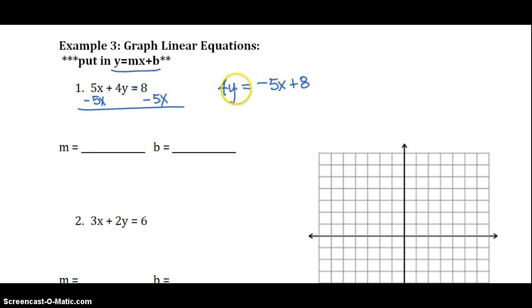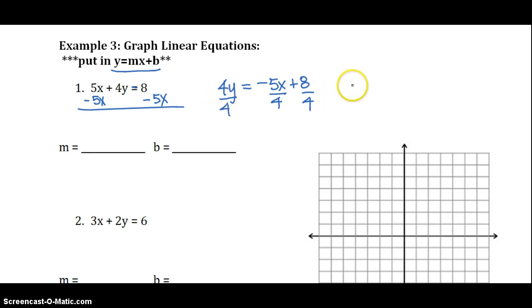So to now get y all alone, undo the multiplication of y, which means to divide everything by 4. I can't just divide one number by 4, or the rest of my students will say, hey, what about me? So I have to divide the whole equation by 4.